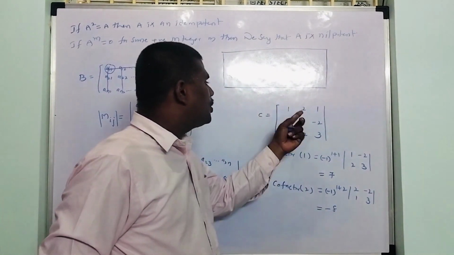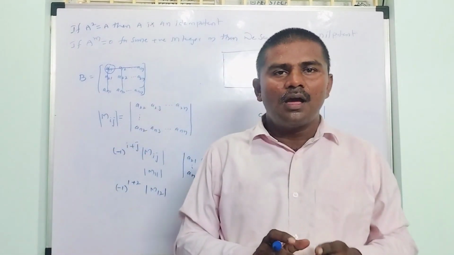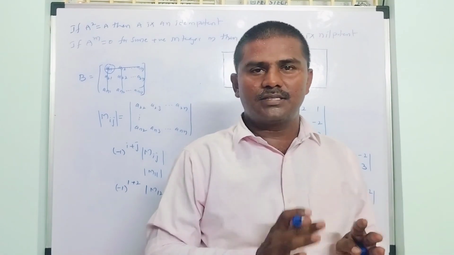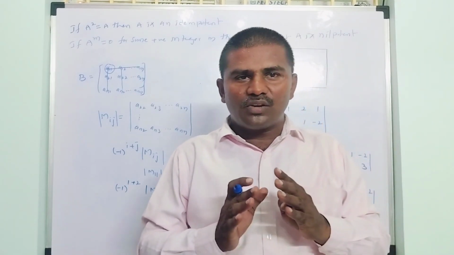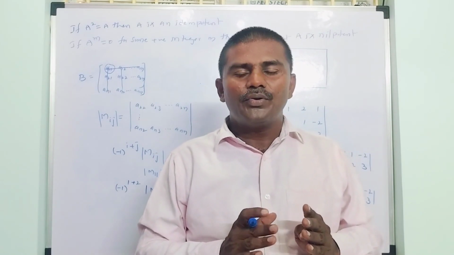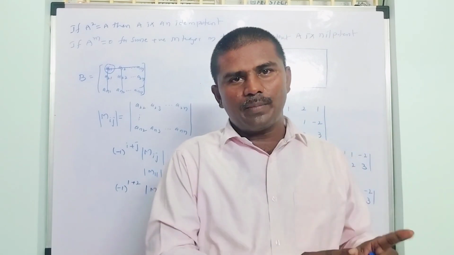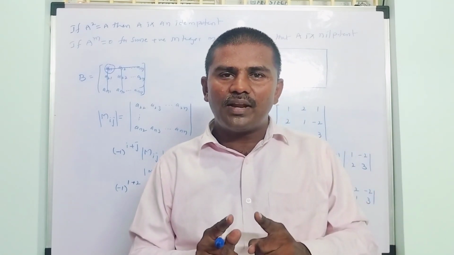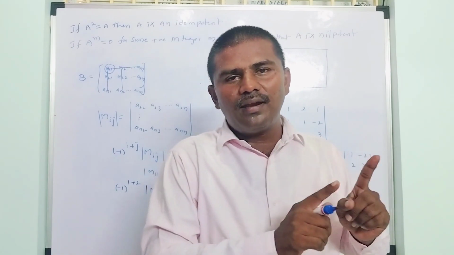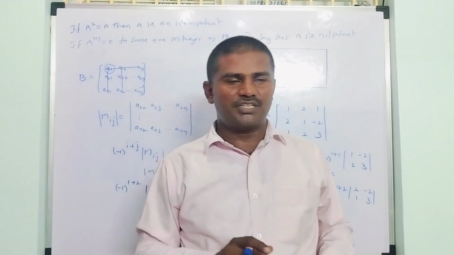Minus 8 is the cofactor of 2. So I think you got how to find the cofactor of an element of a matrix, and also the minor of an element. Determinant is defined for a square matrix, minor is defined for an element, and the cofactor is also defined for an element. I think you got the difference between all these definitions.